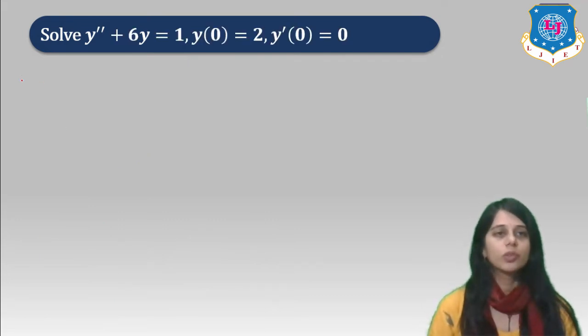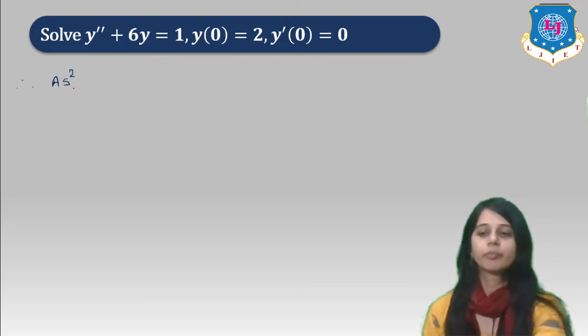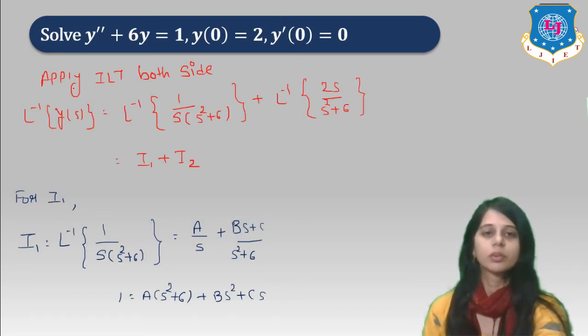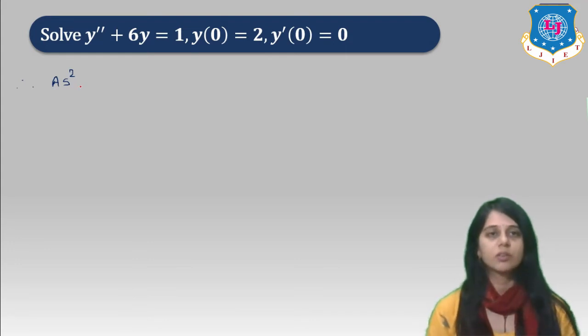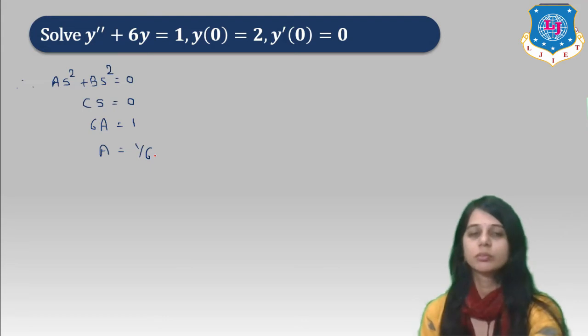To compare the coefficient, we get A s square plus B s square equal to 0, Cs equal to 0 and 6A equal to 1. So A equal to 1 by 6.